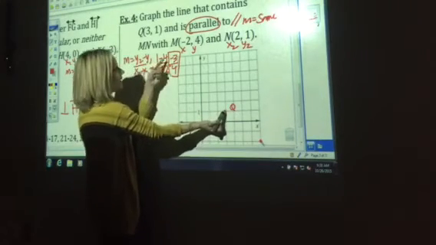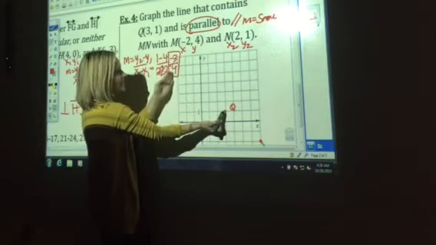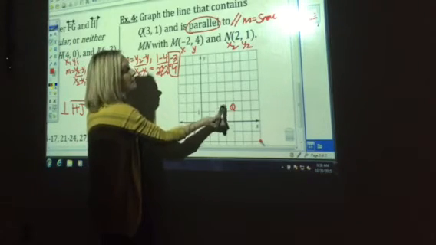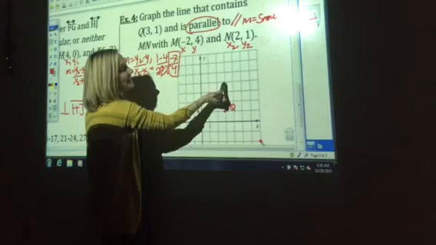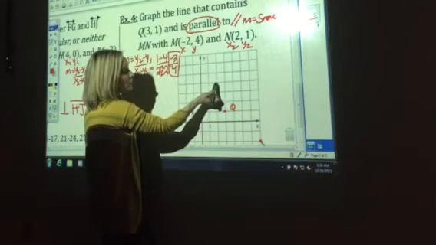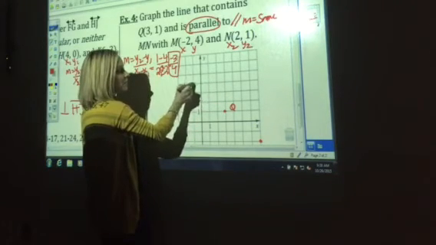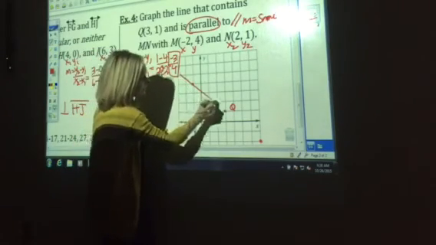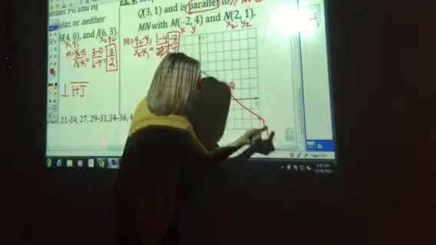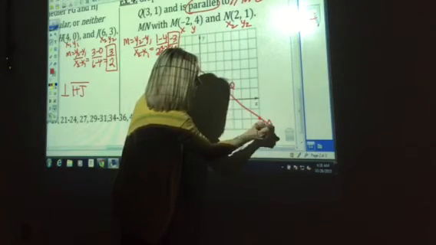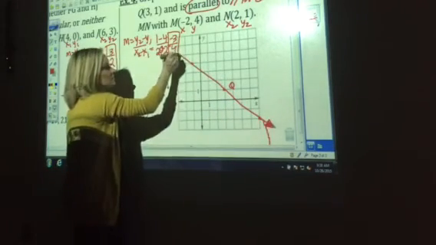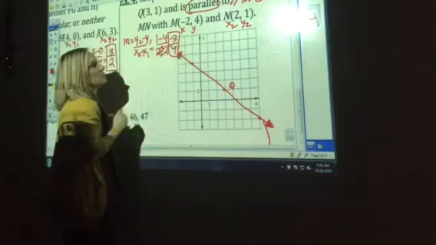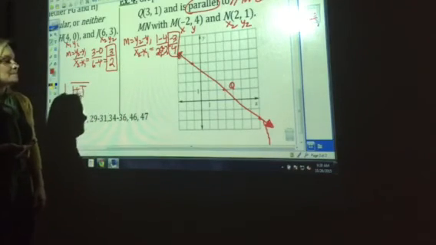Keep in mind that I also, because the whole slope is negative, I can also go up 3, 1, 2, 3, and this time go to the left 4, 1, 2, 3, 4. So there is my third point on that line. Okay, so there we go. I've graphed my line that goes through Q and is parallel to the line through M and N. All right.